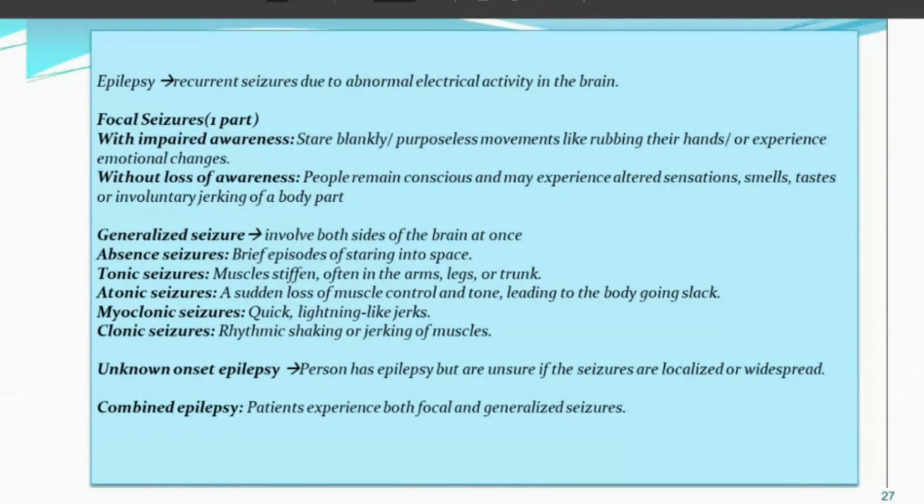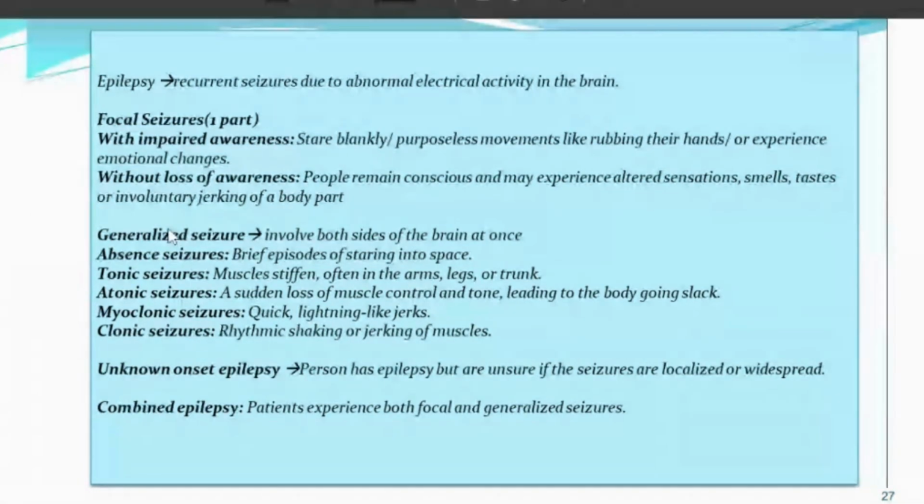So suppose some particular area is connected to the right arm. In that case, if the focal seizure has got into that particular part, only the right arm will start jerking a lot, or maybe they will experience something in their right hand.